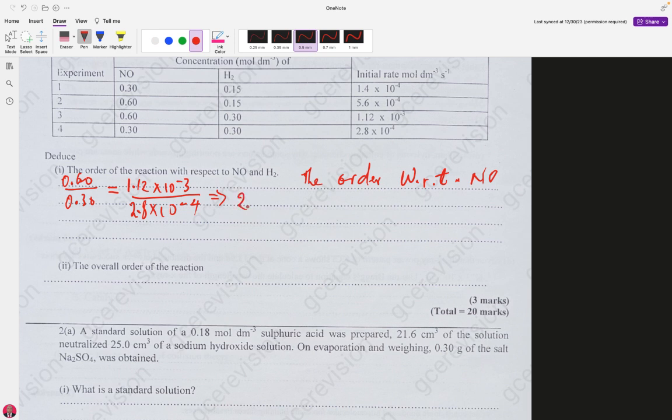This will be 2 to what? If we divide 1.12 times 10 to the minus 3 by 2.8 times 10 to the minus 4, of the same base, we subtract the powers, so it will give us 0.4 times 10.